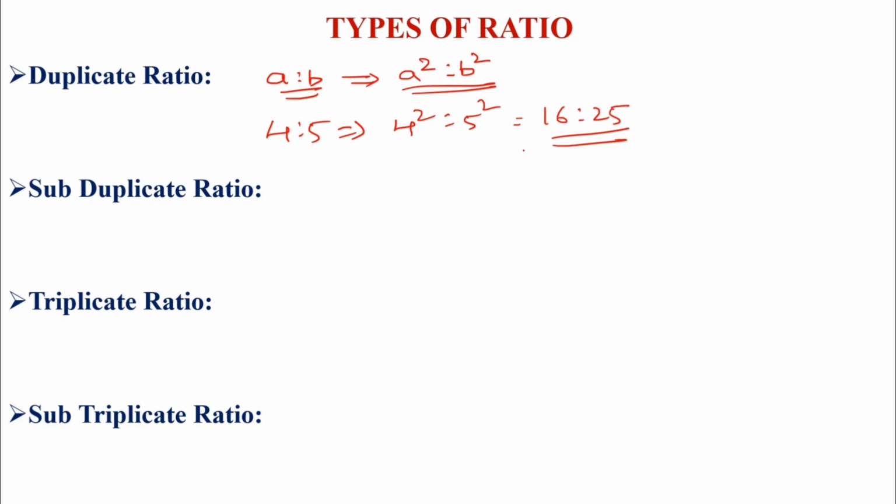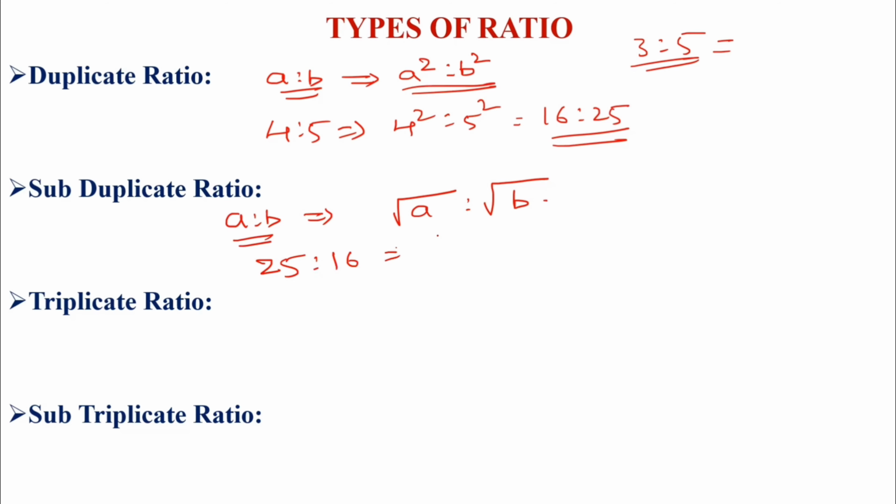Subduplicate ratio means if A and B are two quantities in the ratio of A is to B, subduplicate ratio means square root of A is to square root of B. For example, what is the subduplicate ratio of 25 is to 16? Square root of 25 is to square root of 16, that is 5 is to 4.